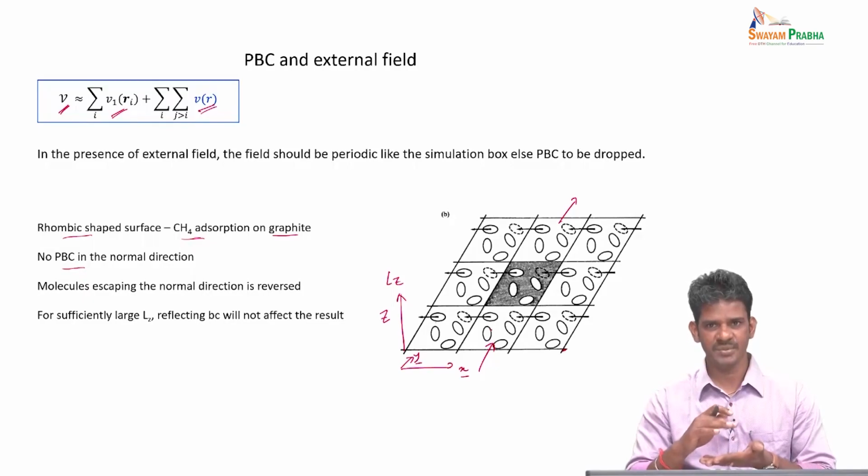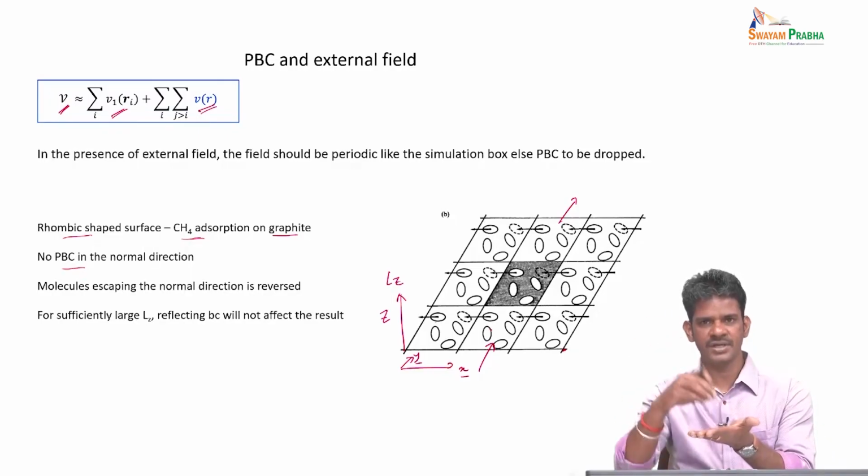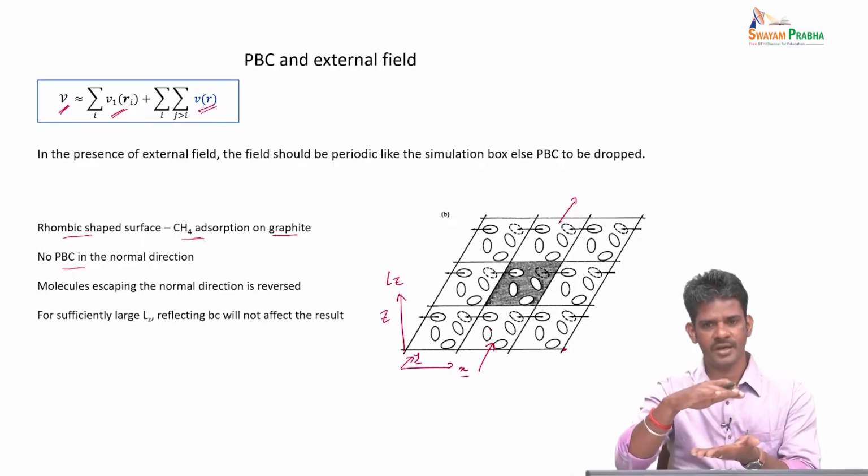In reality, in an experiment, it would be just a simple substrate exposed to a gas of methane, and you can adsorb and desorb and diffuse away. But here, when you try to simulate such a system, you are artificially inducing a wall effect on the top, so as to make sure that the molecules are always conserved, and you are not losing any of them moving away.